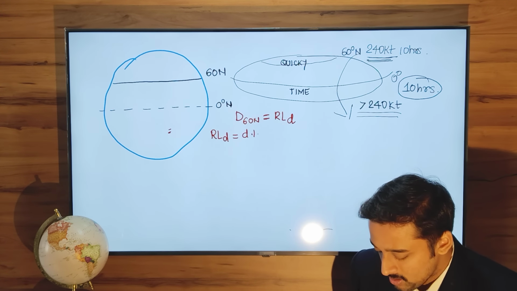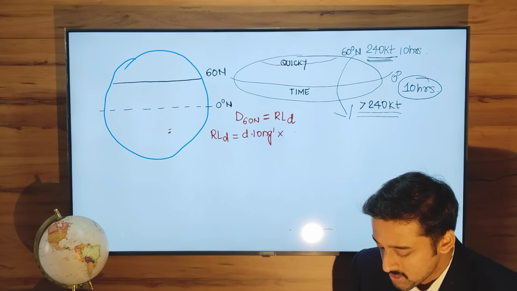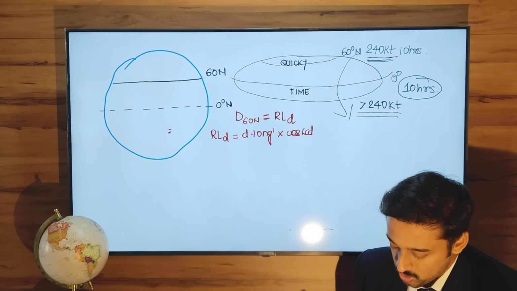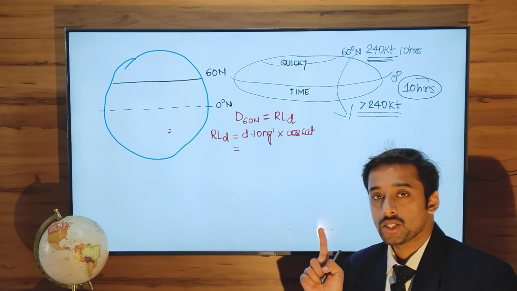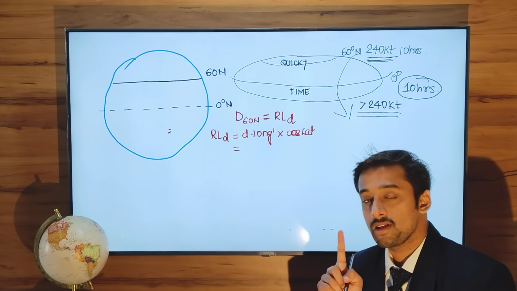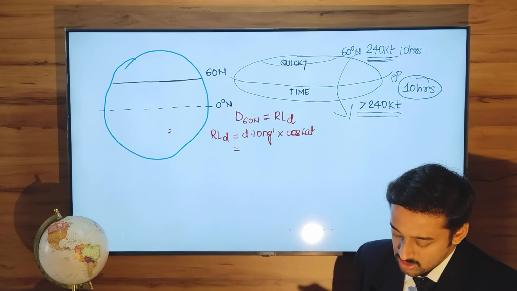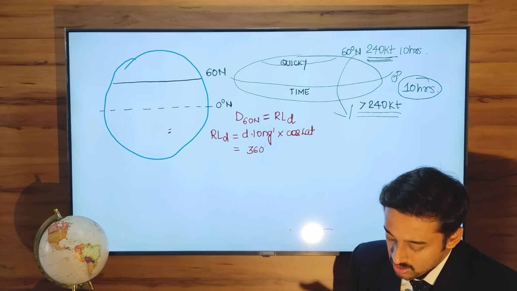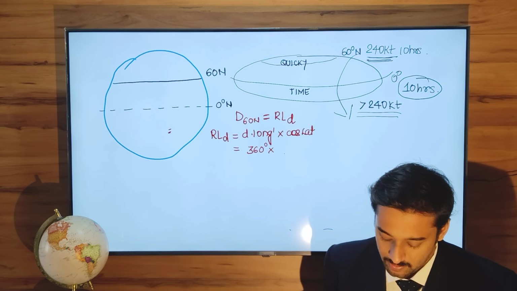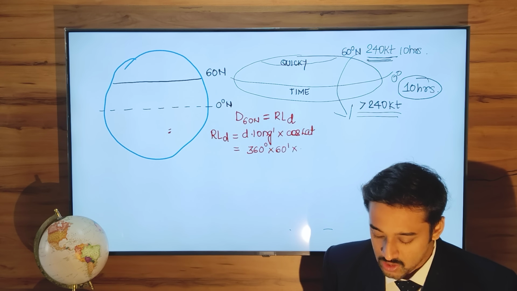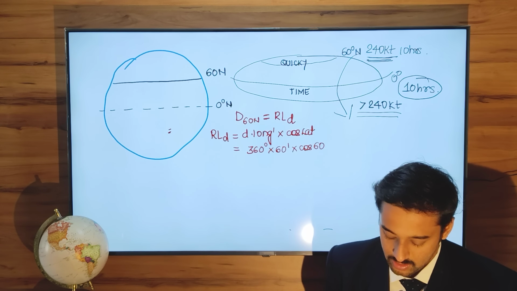The formula is D long into minutes into cos lat. So D long is how much? You are making a difference in longitude, which here will be a 360-degree turn. So 360 degrees, converted into corresponding minutes, which is into 60 minutes, into cos of latitude, cos 60.